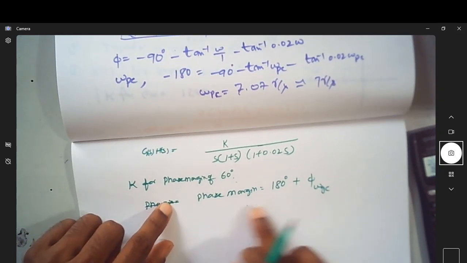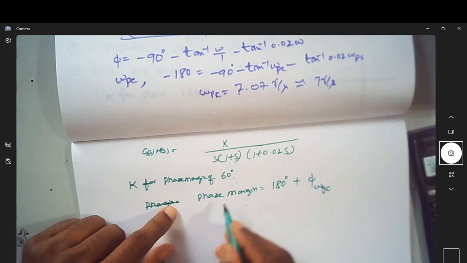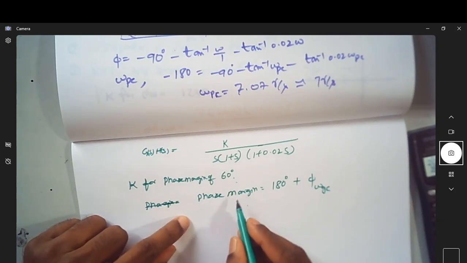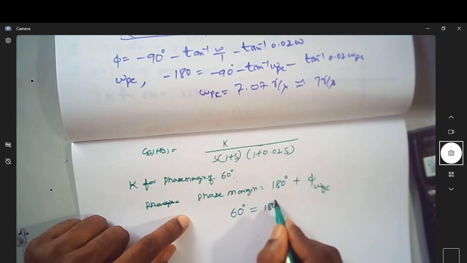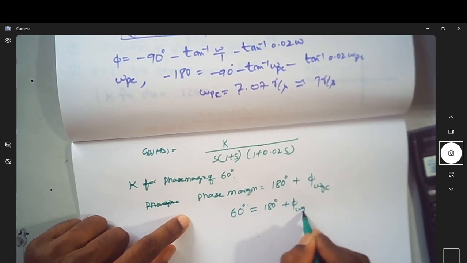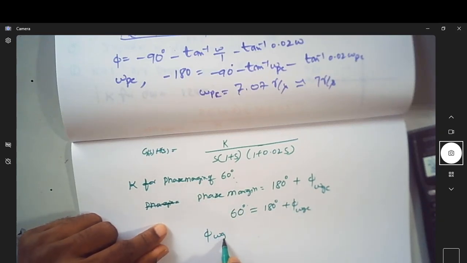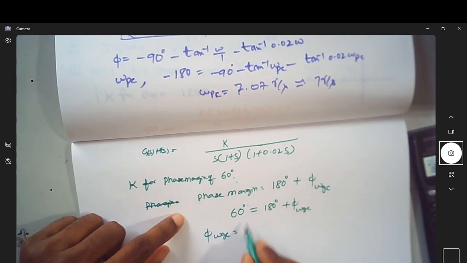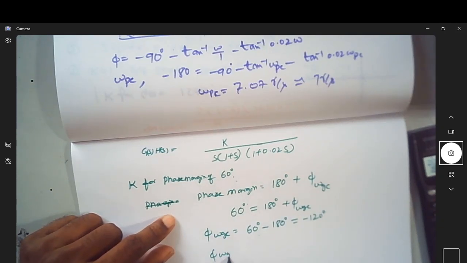The phase margin asked for is 60 degrees, which is equal to 180 degrees plus phi at omega GC. So from this equation, phi at omega GC is equal to 60 degrees minus 180 degrees, which happens to be minus 120 degrees.